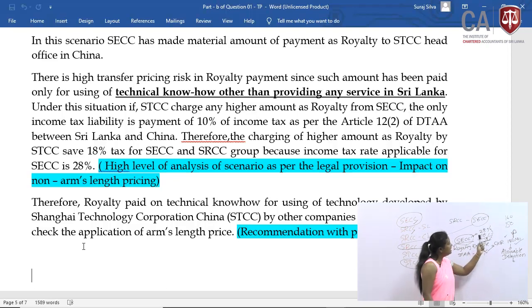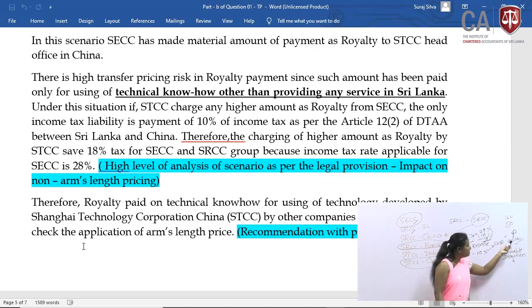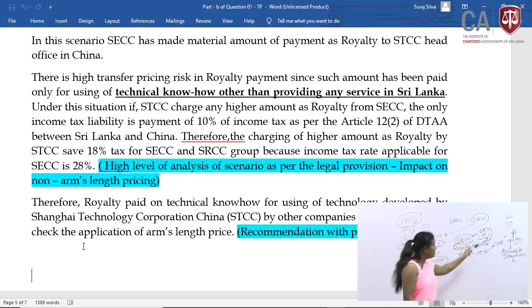But if it is less, the business income will be increased from that. But due to this arrangement, they have reduced the business income. Then if they have increased this much more, they are having a benefit in like this 28% tax rate. For royalty 10%, it's the net of the 18%.